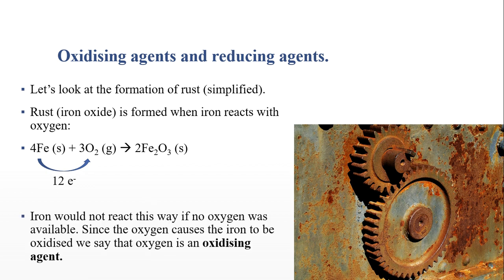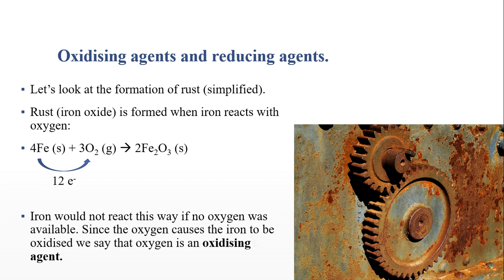So the interesting part here is that if we had no oxygen at all, well, then the iron would not react with oxygen. So we then say that the oxygen sort of causes the iron to be oxidized. So since the oxygen helps iron being oxidized, oxygen itself is a so-called oxidizing agent, something that helps another substance being oxidized.